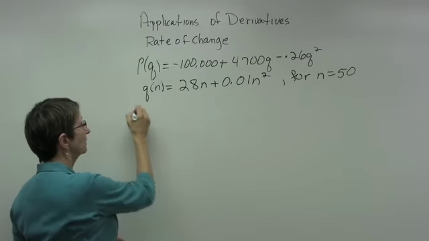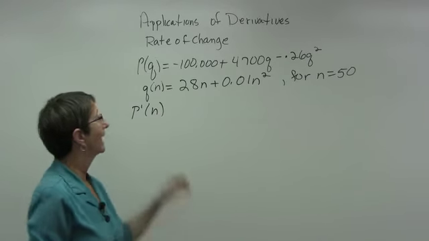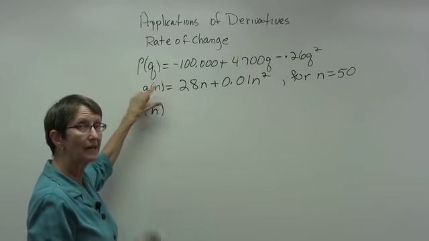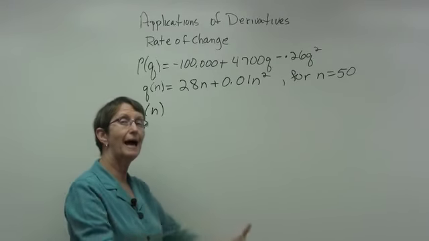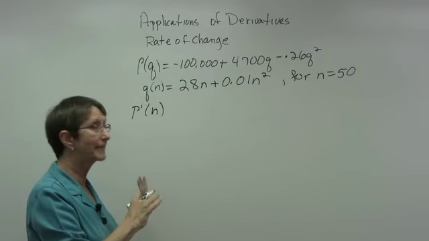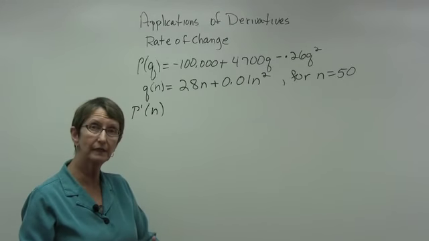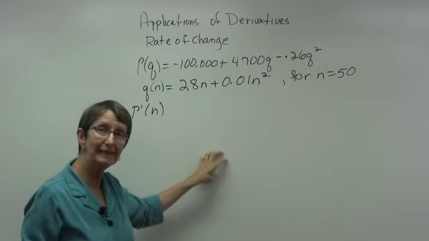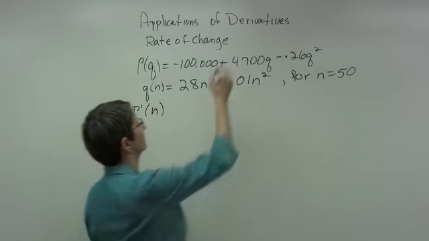So we want the derivative P prime in terms of the number of employees, except P is in terms of Q, but then Q is in terms of N. So we can go back to the time that we did the rates of change to take the derivative, where we have an intermediate variable. So Q here is our intermediate variable.